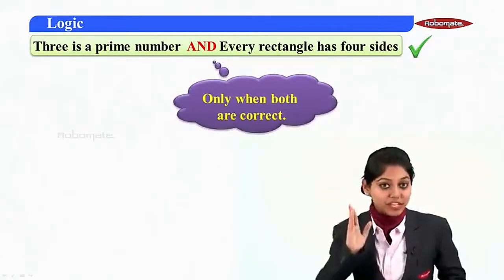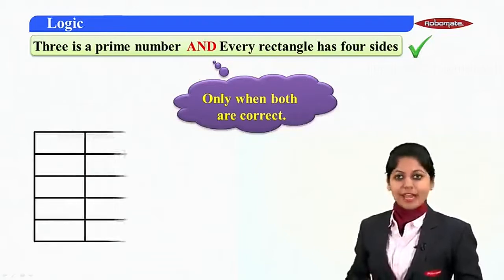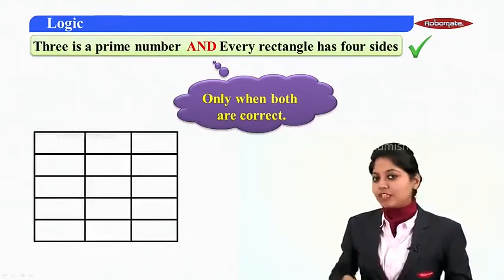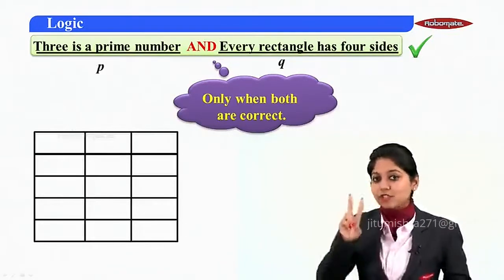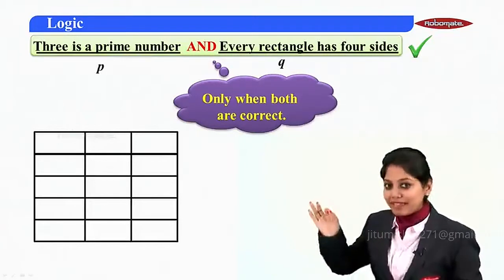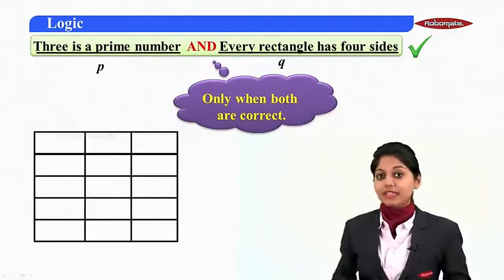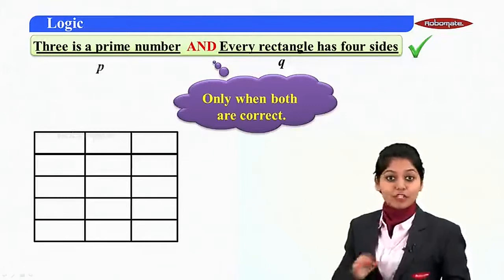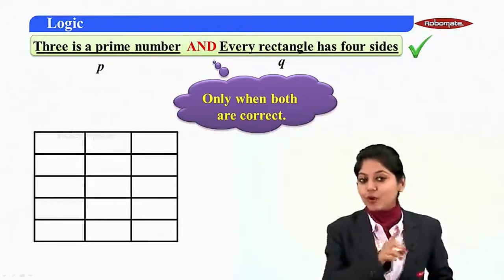That means both the statements are correct. Now, for this truth table we have these two statements named P and Q, where P is 3 is a prime number and Q is every rectangle has 4 sides.